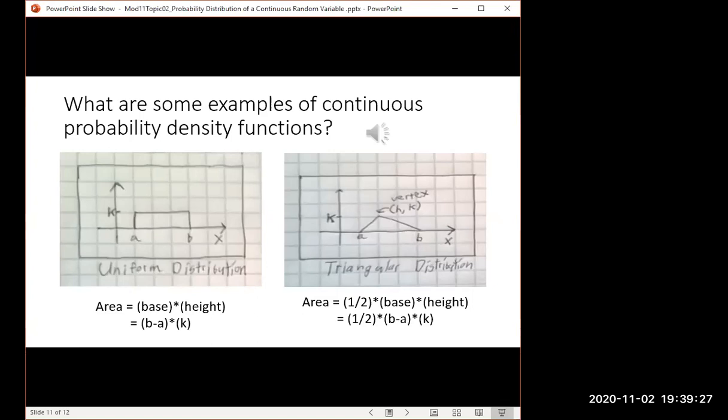But a lot of times you're trying to find the probability is just the area in some little wedge, some little piece underneath the curve. But you can still cut those up into rectangles and triangles and then use these formulas to find the areas.